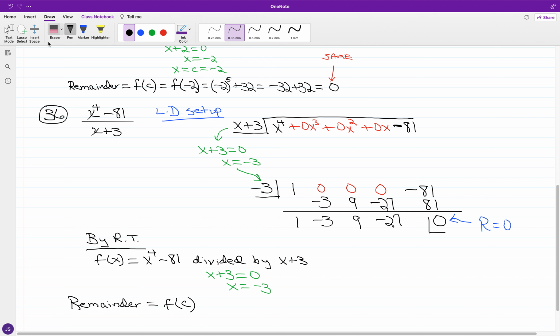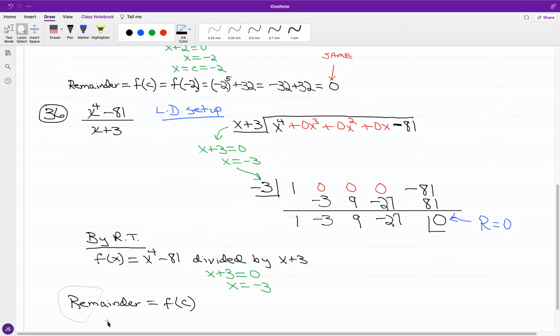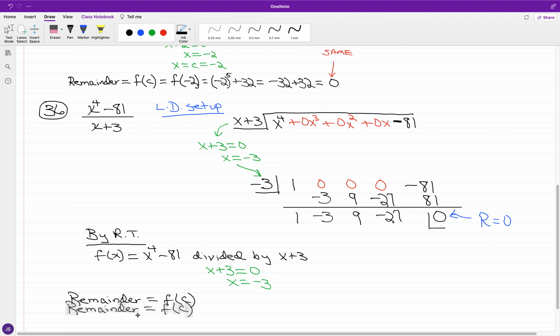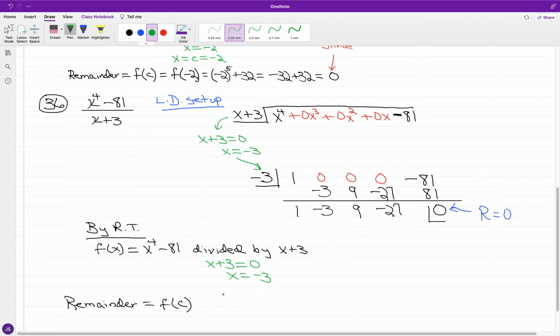So you have the remainder is equal to f of c, and again, that's going to be f of negative 3. Just plugging in directly, you're going to have negative 3 to the fourth minus 81.